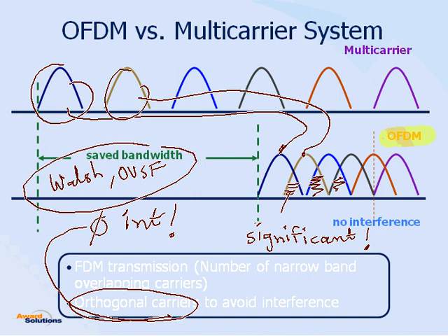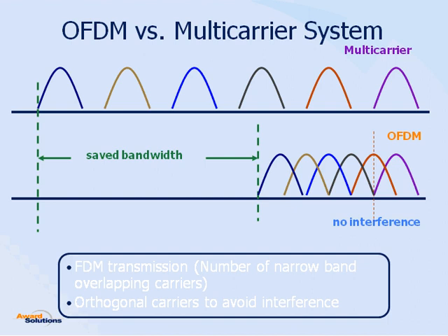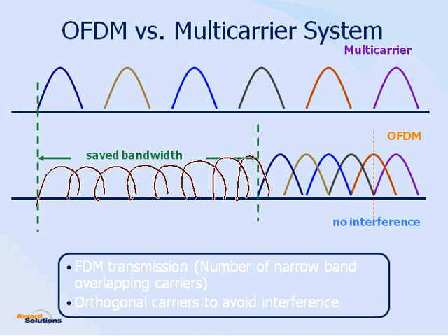Just like that, orthogonal subcarriers in OFDM systems do not have interference among them. And what is the benefit of that? Well, if we do not have to worry about interference among the subcarriers, we can squeeze in many subcarriers in the available bandwidth, and then we can say, okay, I have how many subcarriers now? So let's see how many I could draw here. 14.